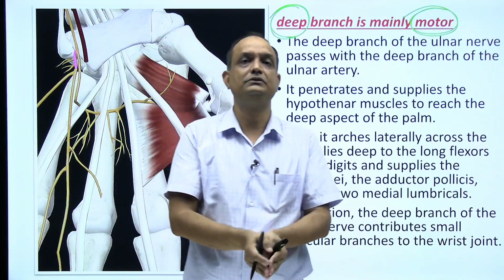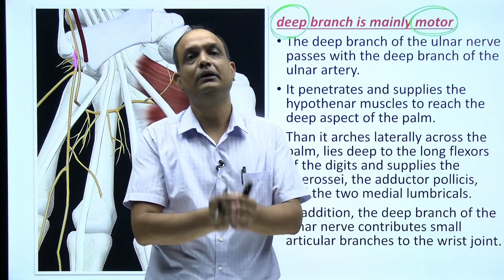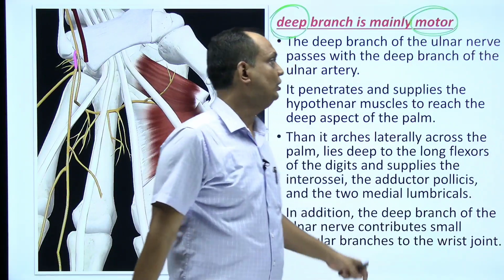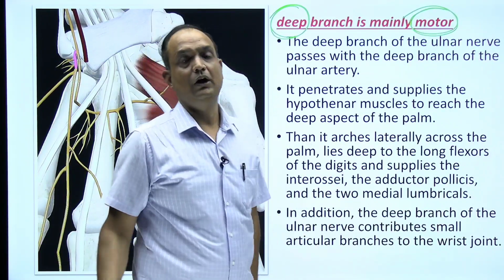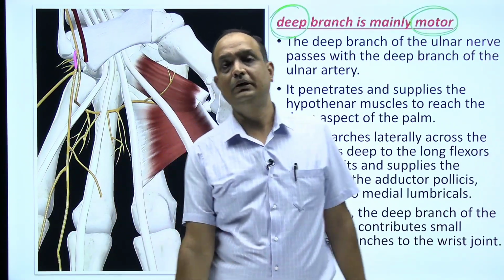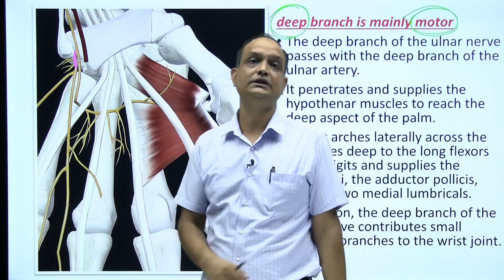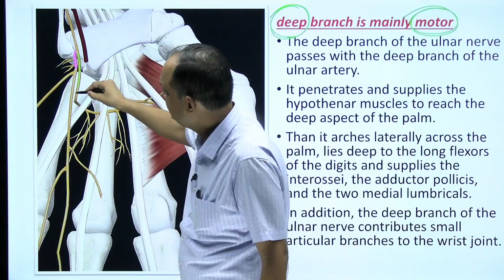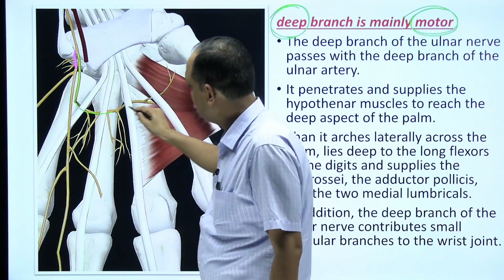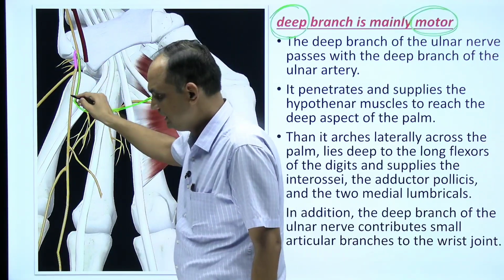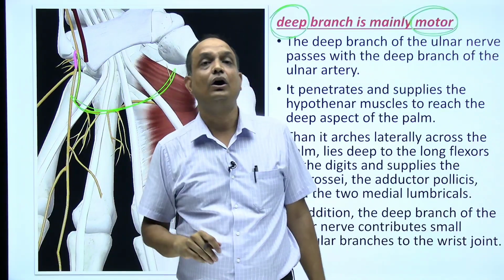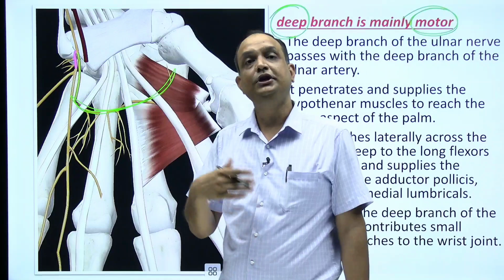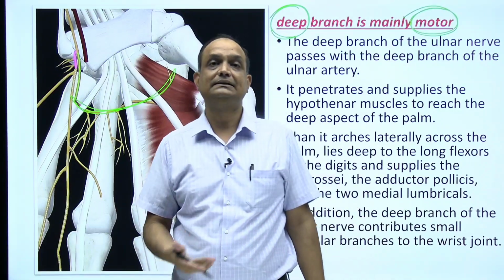That is why the ulnar nerve is known as the musician nerve, because it controls the fine movements of the fingers. So, this is known as the deep branch because when you see the course of this branch, it takes origin deep to the palmaris brevis, then it makes an arch, and this arch lies on a deeper plane in the palm, and it lies deep to the long flexor tendons.